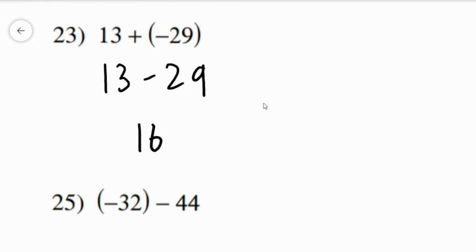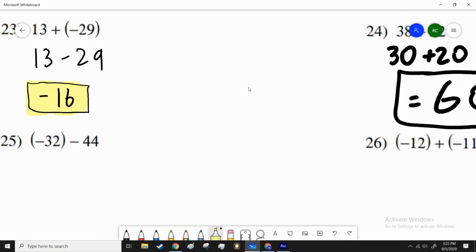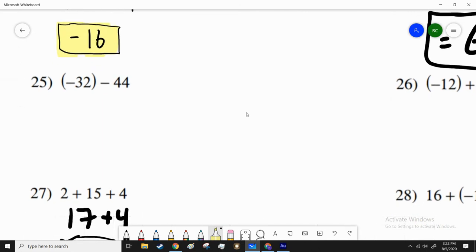But since we are being dragged down below 0, right? We're starting at positive 13 and we're going down past 0. This is actually negative 16. Number 24, we already took care of. Number 25 is negative 32 minus 44.